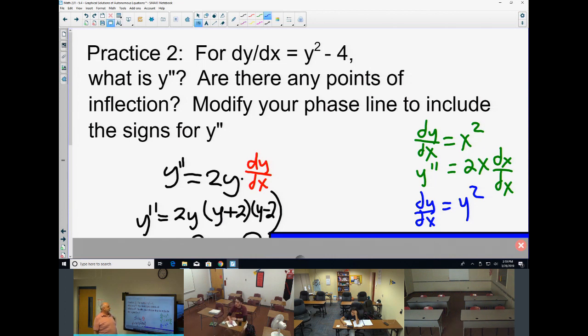All right, so see if you can figure out the second derivative. You can either add to the phase line that you did in practice 1, or you can do a whole new one for the second derivative now.